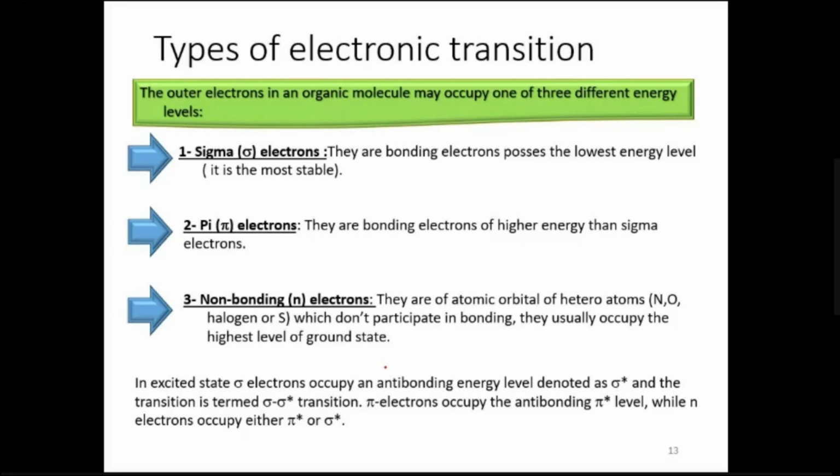When we talk about molecules, there are three types of electrons: sigma electrons, pi electrons, and non-bonding electrons. Where are sigma electrons present? Obviously, they are present in sigma bonds. Where are pi electrons present? Obviously, they are present in pi bonds. Now, what about non-bonding electrons? Non-bonding electrons are present on heteroatoms within the molecules like nitrogen, oxygen, sulfur, all the halogens.